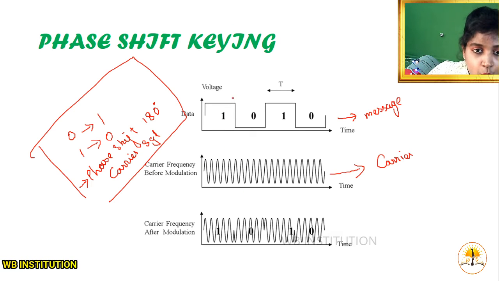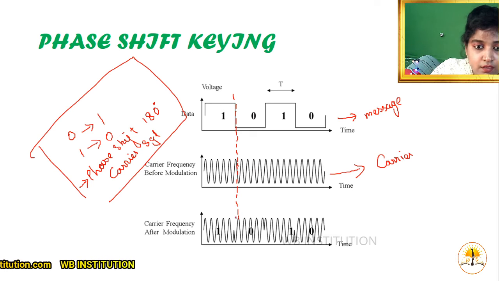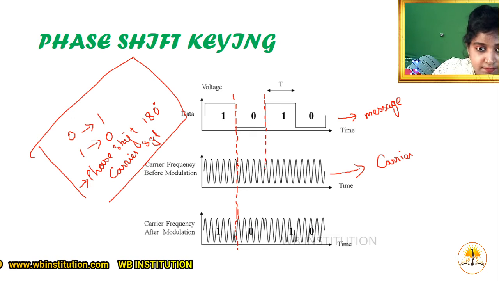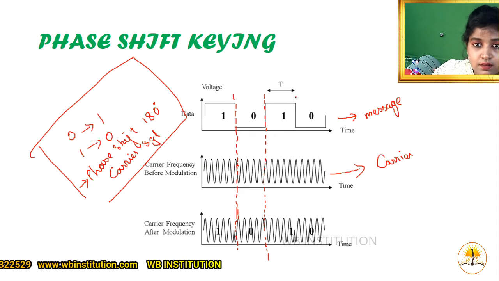So let me separate these zeros and ones. This is going to be your zero pattern. This is your one segment.